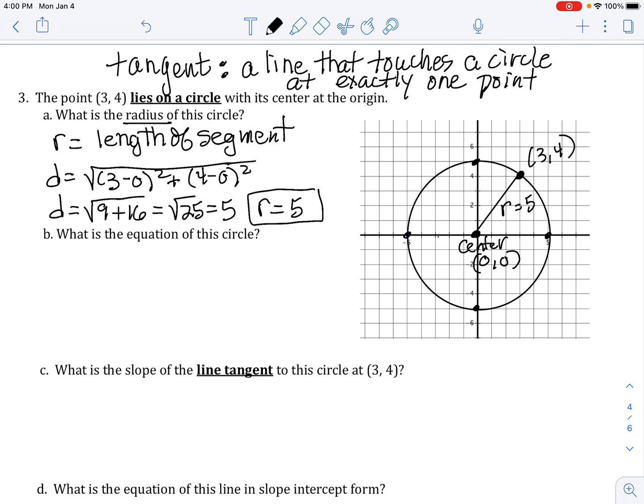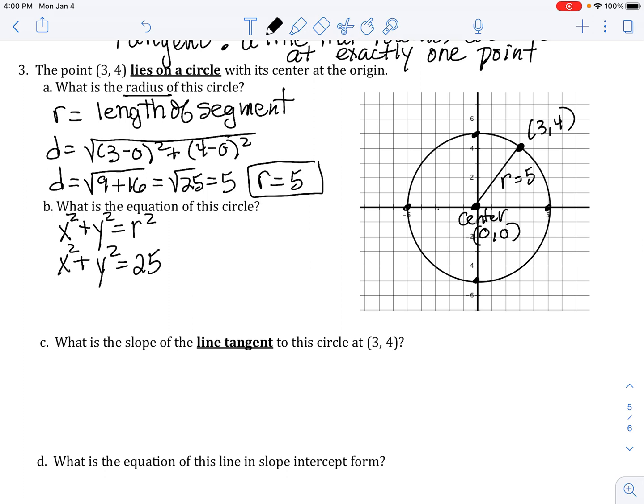And Notability is super nice because you can do a semi-decent job and then hold your stylus down and it will make a nice perfect circle. All right. What is the equation of this circle, right? So we know that the center is 0, 0. And so when the center is 0, 0, we don't use the h, k. We use x squared plus y squared equals r squared. And so that's going to be x squared plus y squared equals 25.